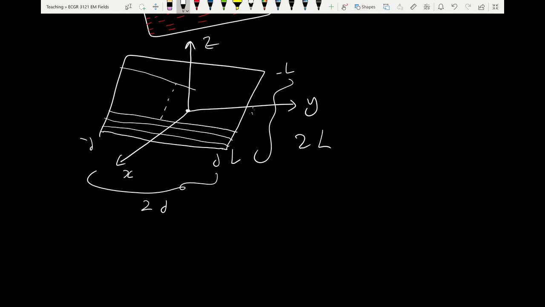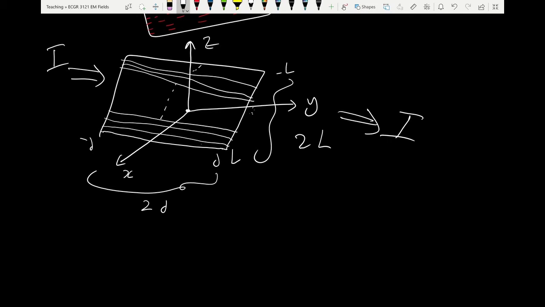This is how I am imagining dividing the sheet, right? So on and so forth. So a total current of I is passing through this sheet, coming in from the left and going out from the right, right?